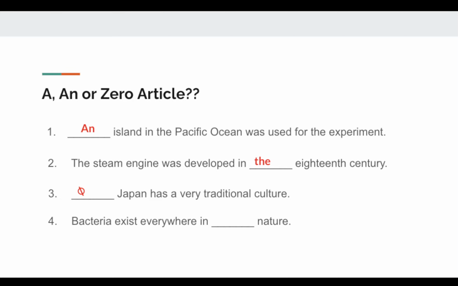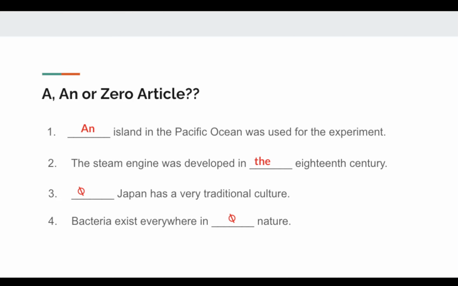Number 4, bacteria exist everywhere in nature. So, what do you guys think? Again, if you said zero article, that is correct. Bacteria exist everywhere in nature.